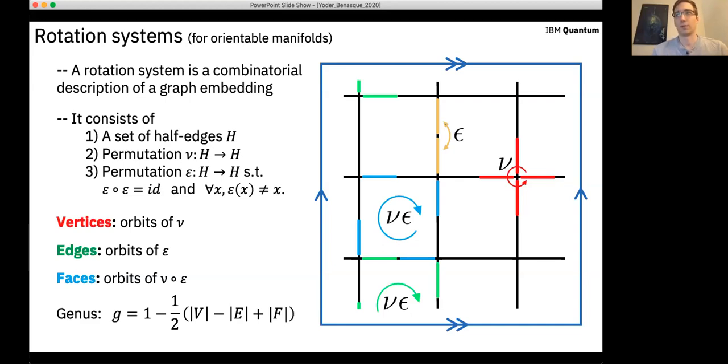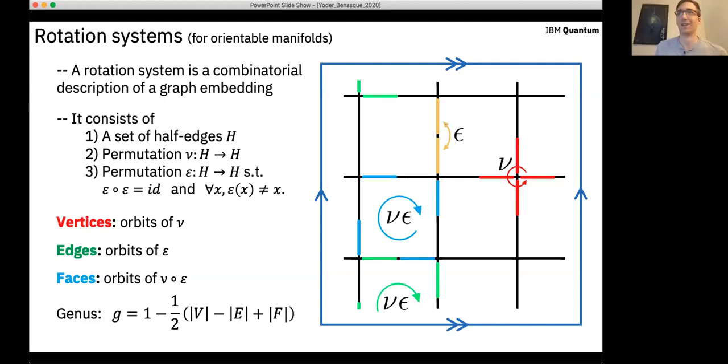So you should be able to map any half edge to any other half edge using nu and epsilon. That just ensures the graph is connected. Okay. Hope that answers your question. Yeah, I think it does. I'm looking forward to seeing an example.